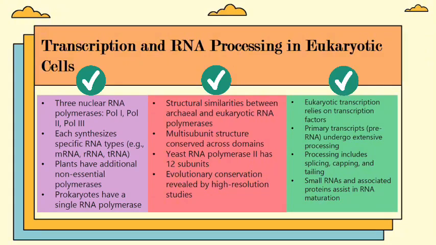Next one, eukaryotic transcription relies on transcription factors, and the primary transcript, or the pre-RNA, undergoes extensive processing, and the processing includes splicing, capping, and tailing, and small RNAs and associated proteins assist in RNA maturation. So, meaning to say, eukaryotic transcription and RNA processing involves complex machinery, including transcription factors and specialized processing steps to produce a functional RNA molecule from the primary transcript.